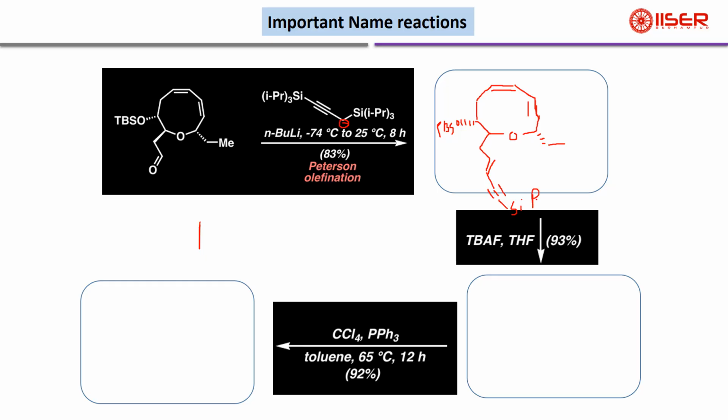Now in the next step they have added TBAF. It is a fluoride source. TBAF, a fluoride source, will always deprotect these silyl esters. It will attack the silicon center and this OH will be deprotected.